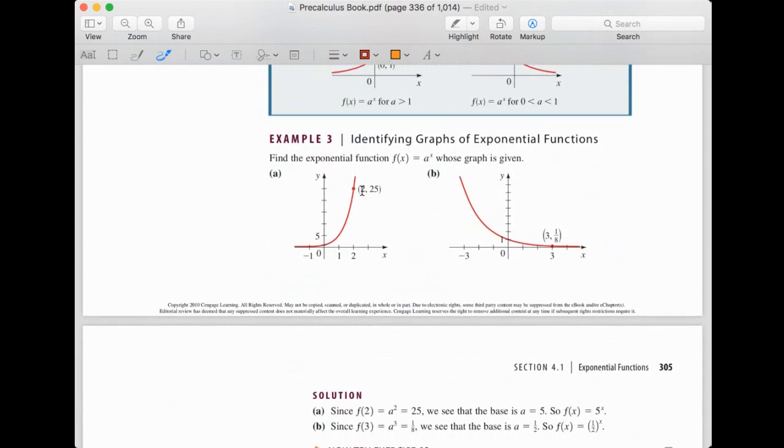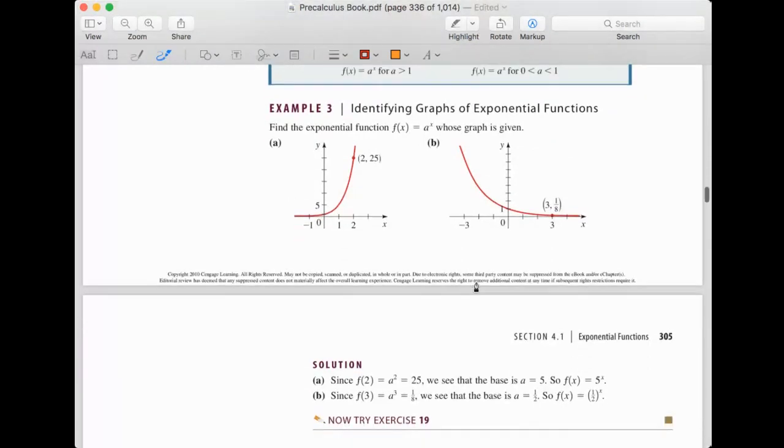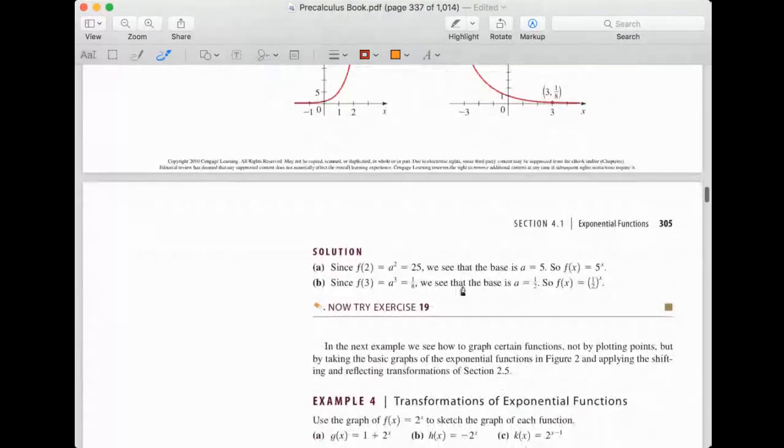So this is base 5, right? If x is 2, 5 squared is 25. This is base 1 over 2, right? If x equals 3, 1 over 2 raised by 3, that's 1 over 8. Right, so we say f of 2 equals something squared equals 25.